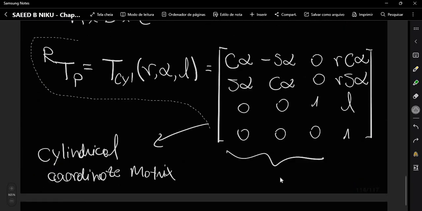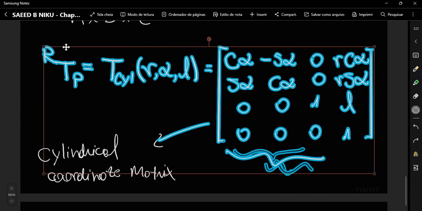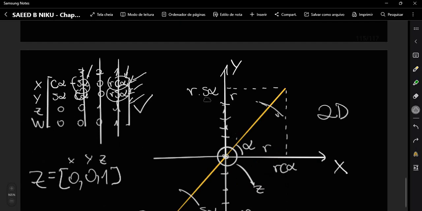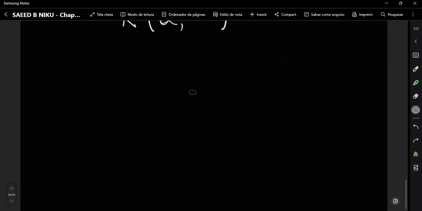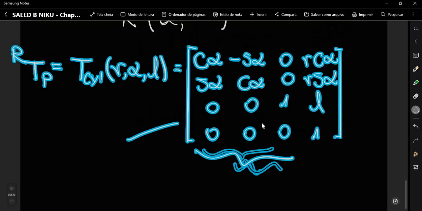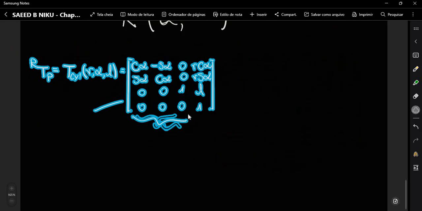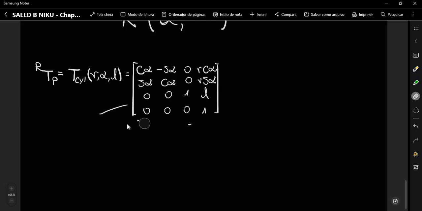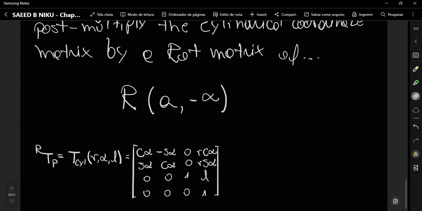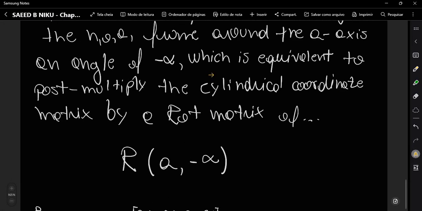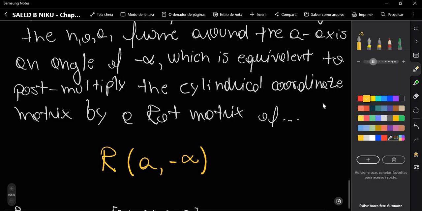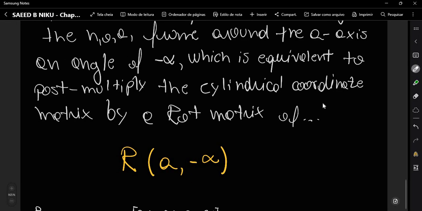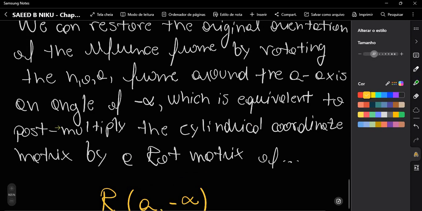So let me copy all this. Let me make it smaller. And we have to multiply by a rotation with these parameters. And another keyword right here is post multiply.